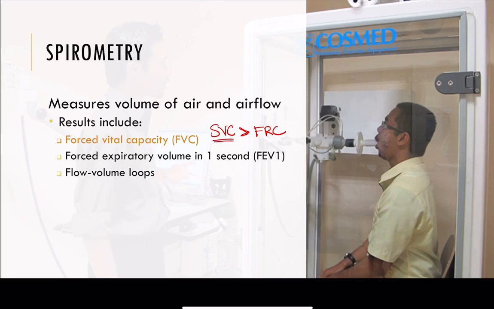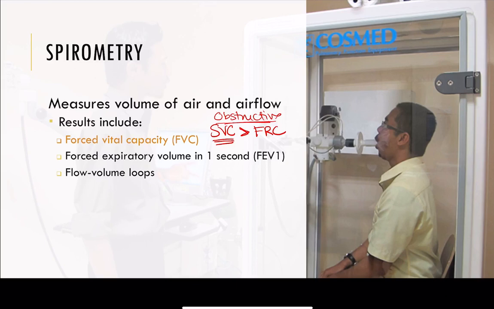So if given all the time in the world and they're not pushing hard, they actually get more volume out. This is a classic finding in obstructive disease. That's probably the only time you really see SVC used, to separate out some information in the obstructive family.